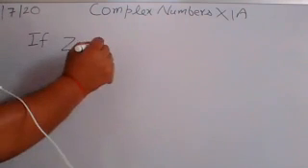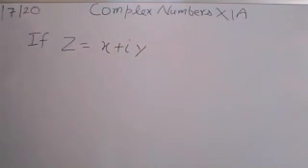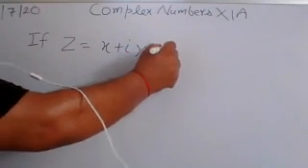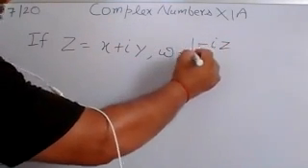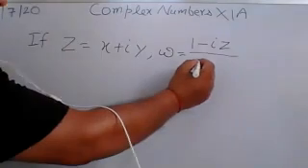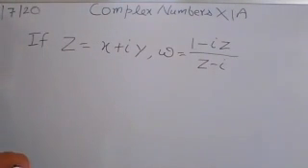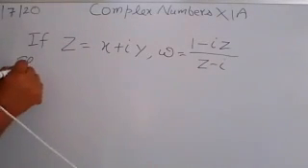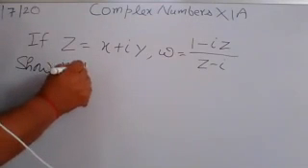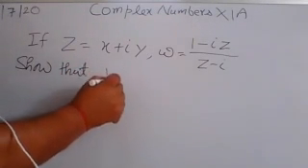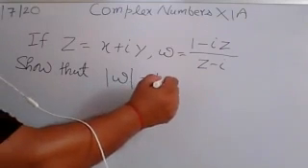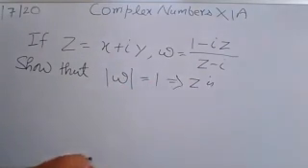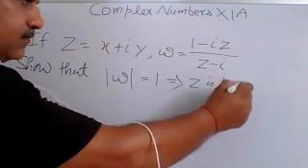If z is equal to x plus iy and omega is equal to 1 minus iz upon z minus i, so that mod of omega is equal to 1, then mod of omega is equal to 1 implies z is purely real.